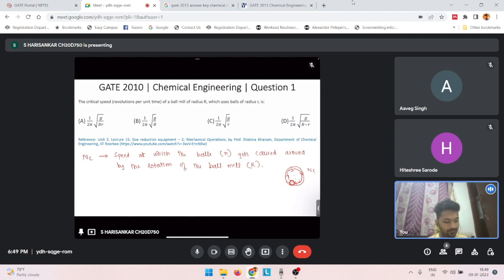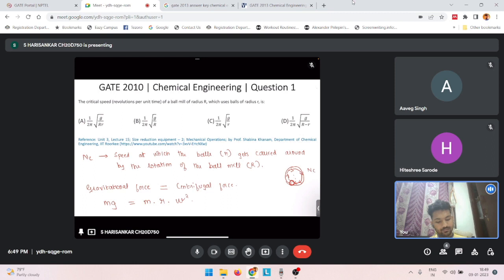At critical speed, there are two forces that come in equilibrium. One is the gravitational force and the other is the centrifugal force. At critical speed, the gravitational force becomes equal to the centrifugal force, or we can write mg is equal to m into r into omega square.